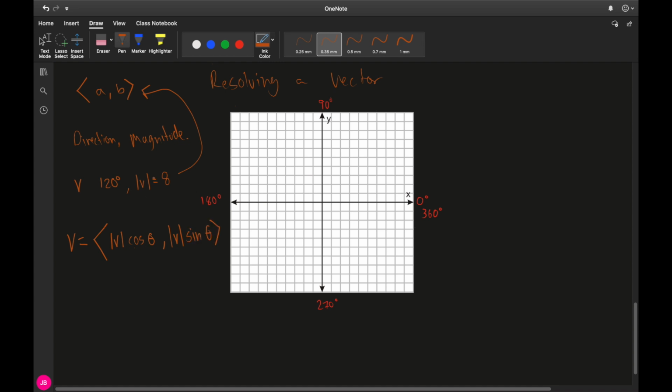Now notice that we have sine and cosine representing x and y once again. Also notice that your magnitude is going to multiply whatever this result is.